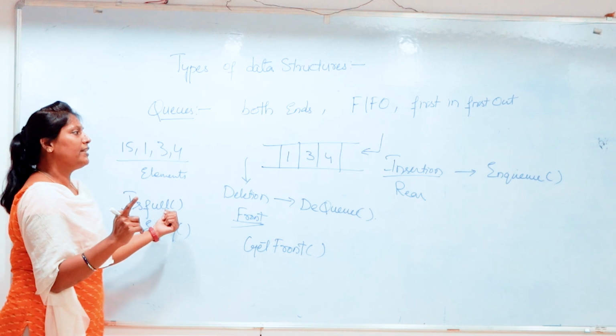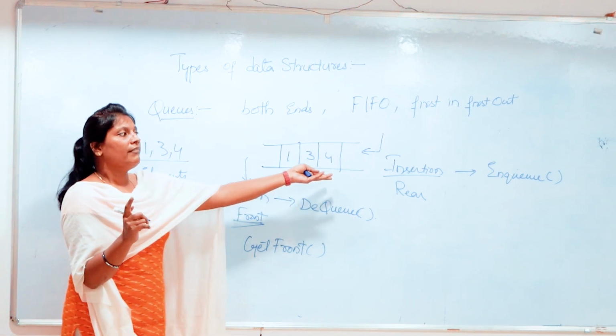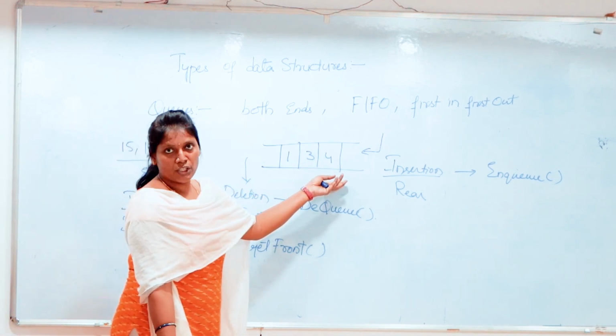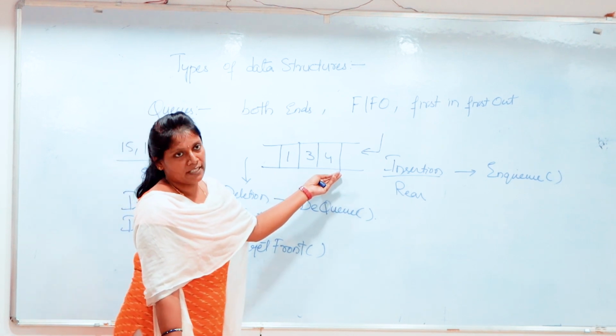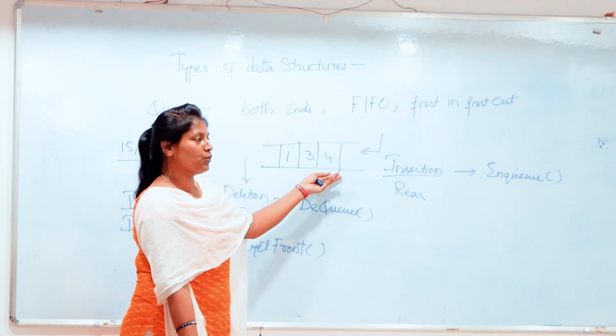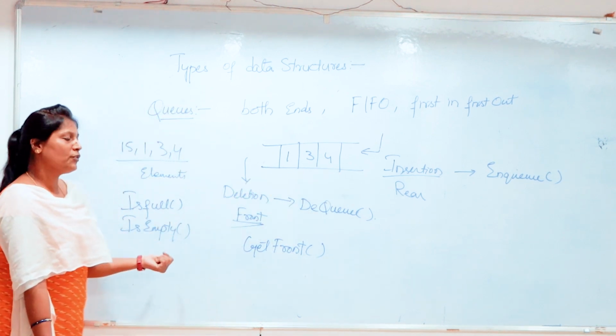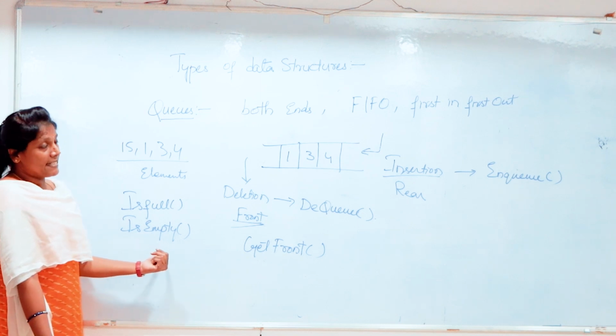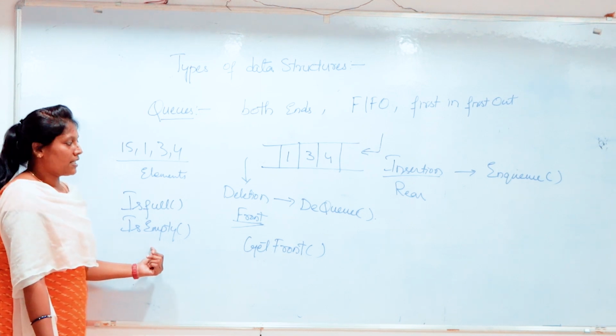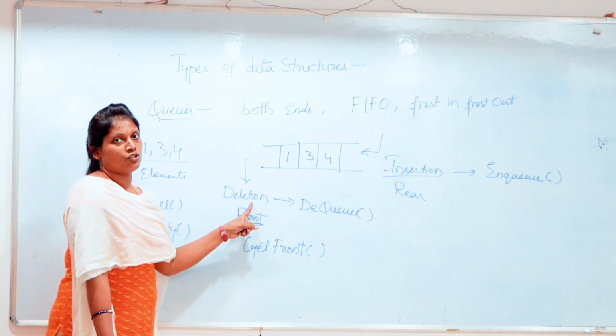If it is already full, we cannot insert a new element, as there is no more space in our queue. So insertion is not possible if the queue is already full. And we check is empty for the deletion operation to be performed.